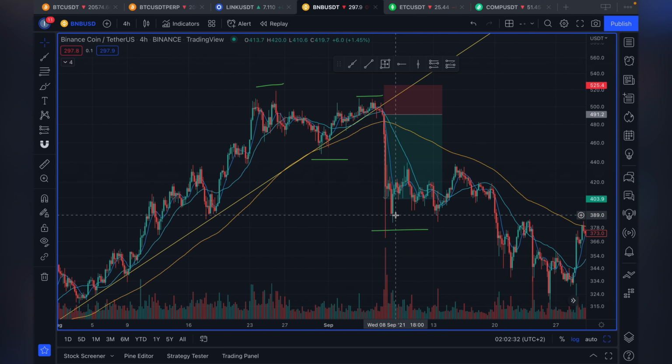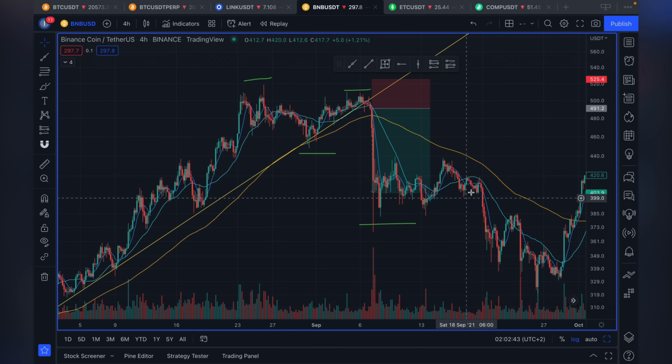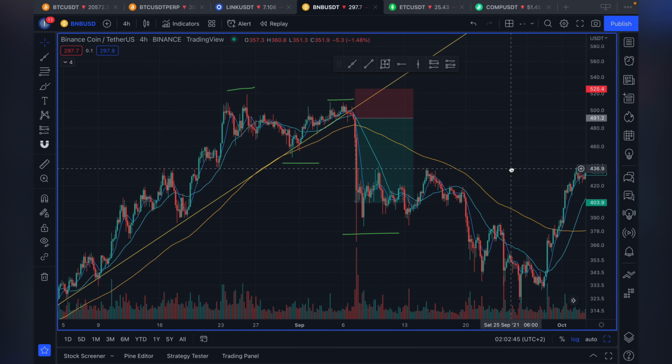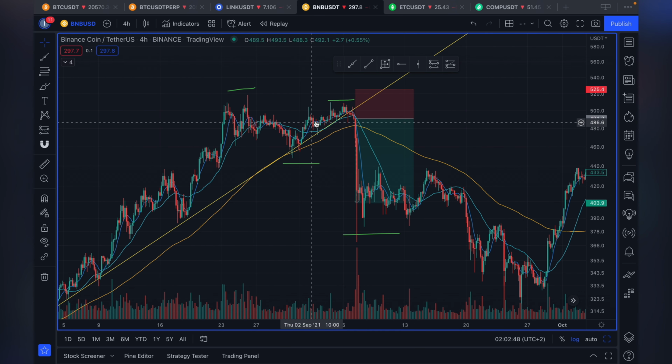At this point, you can add some risk to your position. For example, here you put 50% of your risk, and here you put another 50%, and hold this position. Or you can put all your risk into this point and just wait.